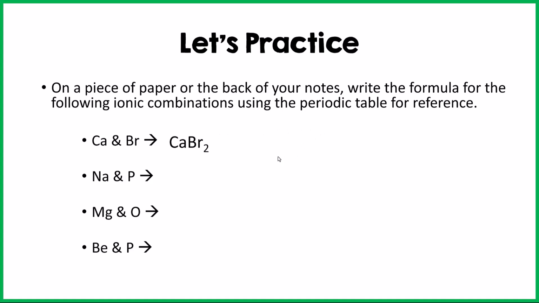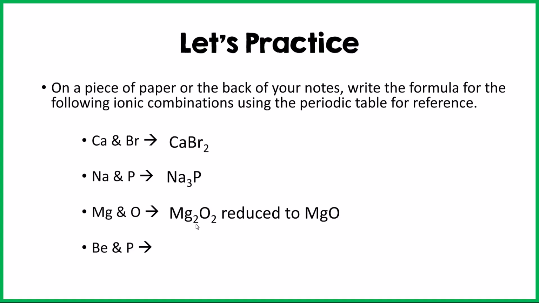Okay, so if we check answers, you should have CaBr2 when calcium and bromine combine. Sodium and phosphorus should be Na3P, and that's an understood one, but we're not going to write it. Mg and O actually combine because they both have charges of 2. Magnesium has +2, oxygen has -2.